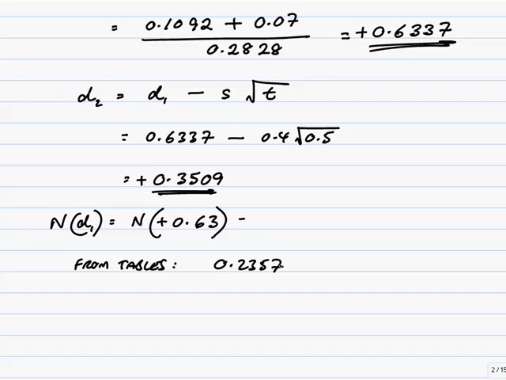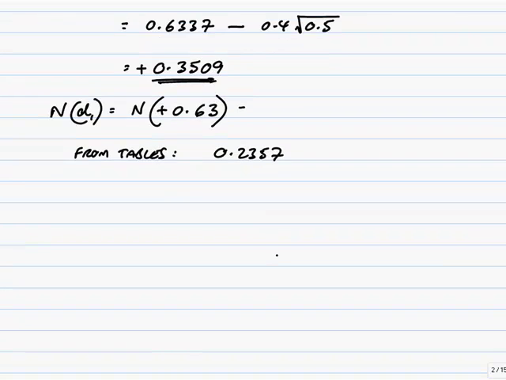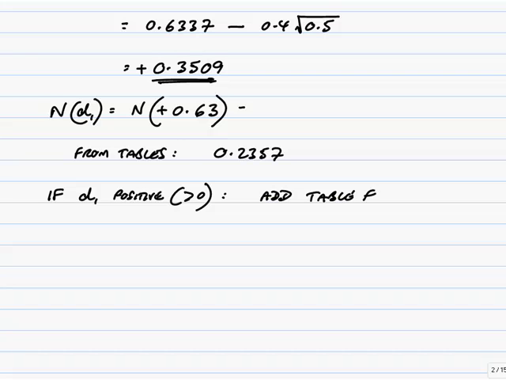But the rule is this: if D1 is positive, if it's greater than 0, as it is here, you add the table figure to 0.5. We'll take our table figure of 0.2357 and we'll add 0.5.